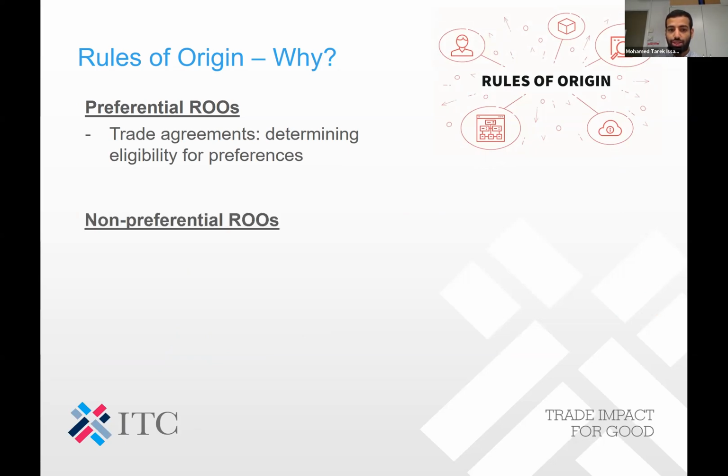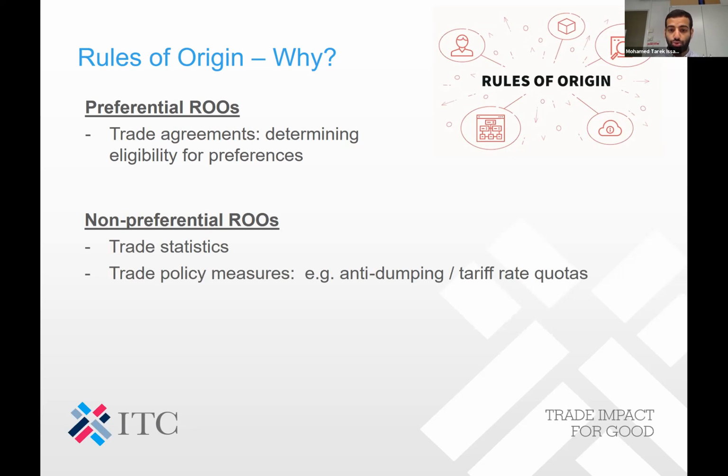Also, non-preferential tariff. Sometimes we might not get any preferential tariff, but we still need to provide a certificate of origin. Why? For trade statistics purposes. A country might need to know from where they are importing or exporting their products, and that's why they ask for a certificate of origin. Also because it might be related to other trade policy measures.